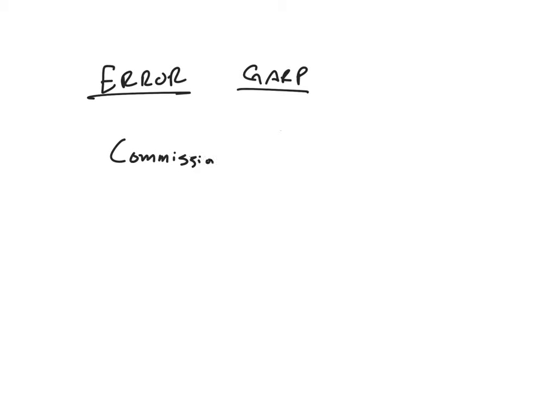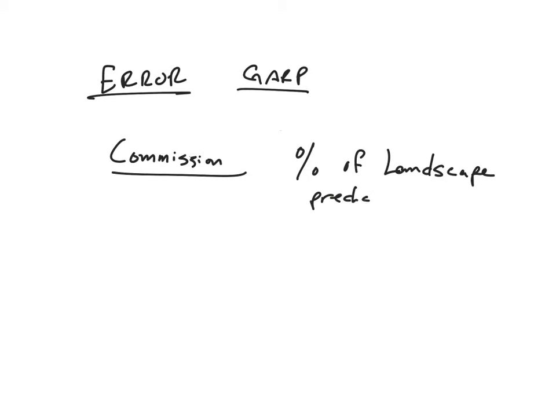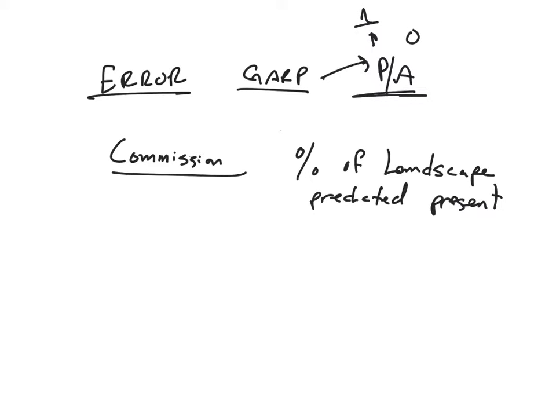Our second error that we talked about is commission. And remember, commission is directly the percentage of the landscape predicted present. Okay, remember GARP is a presence-absence modeling approach. So it predicts only values of 1 for present or 0 for absent.